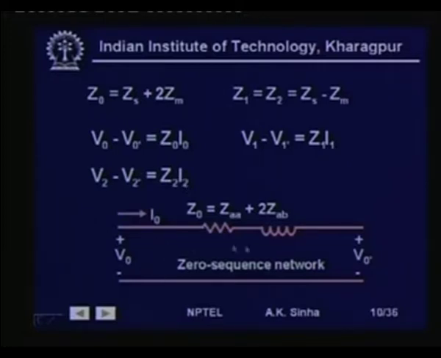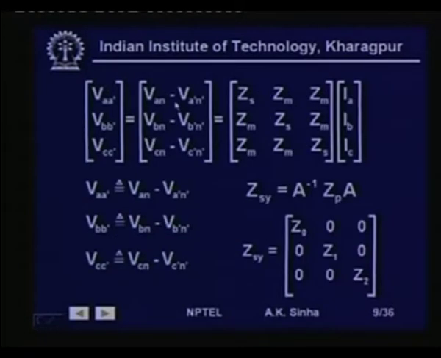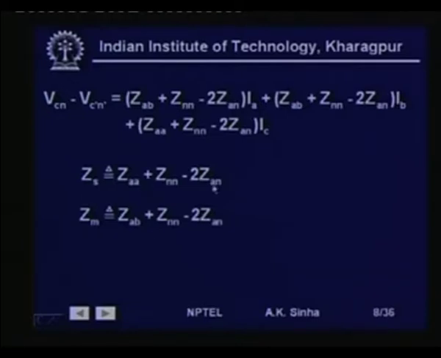So, the zero sequence network can be shown as V0 on this side and V0 dash on the other side of the transmission line, and an impedance Z0, which should be equal to Zs plus twice Zm, where Zs and Zm values are given here.